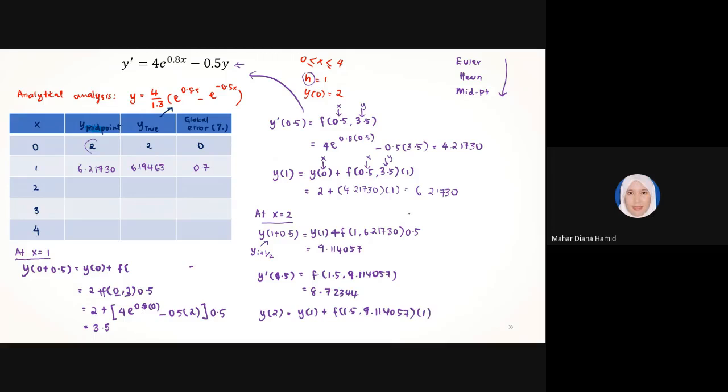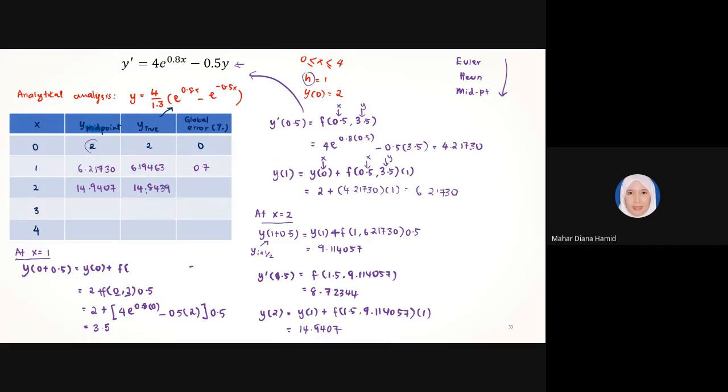So remember, at the beginning, at step number 1, the h value is half. However, at the end, at step 3, we are going to use the h value, which is 1. So if we substitute it, it would be equal to 14.9407. So this would be the value for the midpoint, 14.8439.